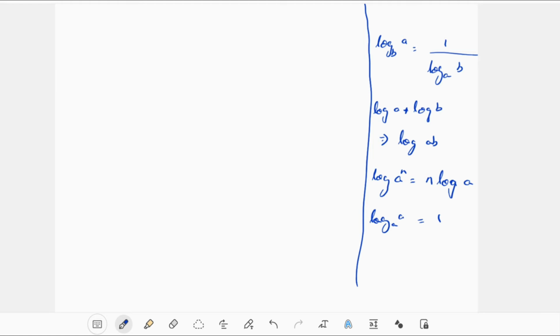We have been asked to find the value of 1 upon 1 plus log BC to the base A, plus 1 divided by 1 plus log CA to the base B, plus 1 divided by 1 plus log AB to the base C.